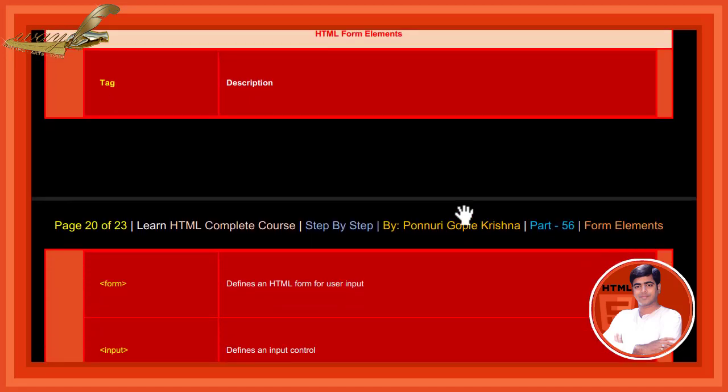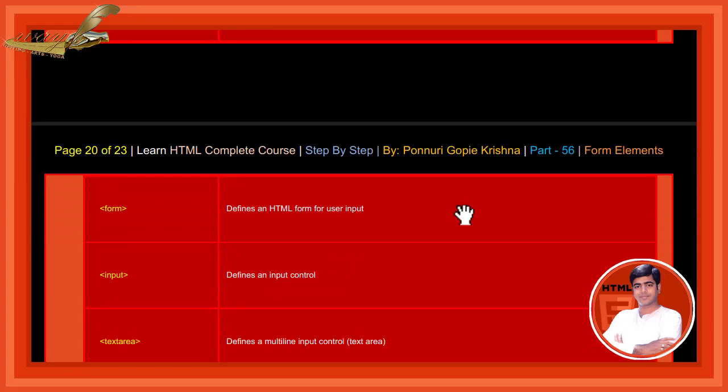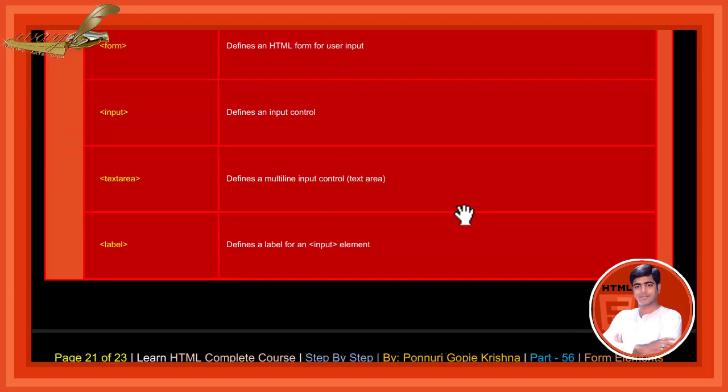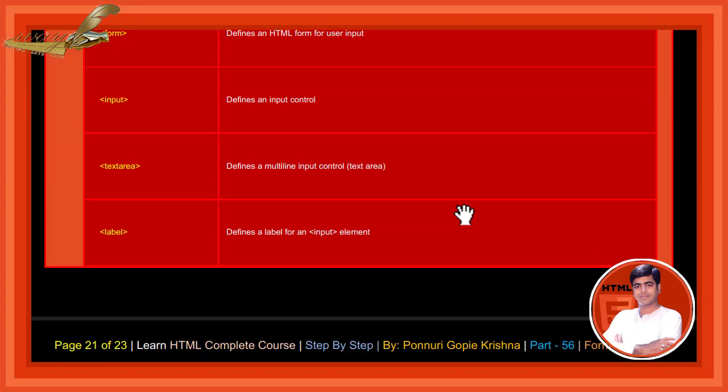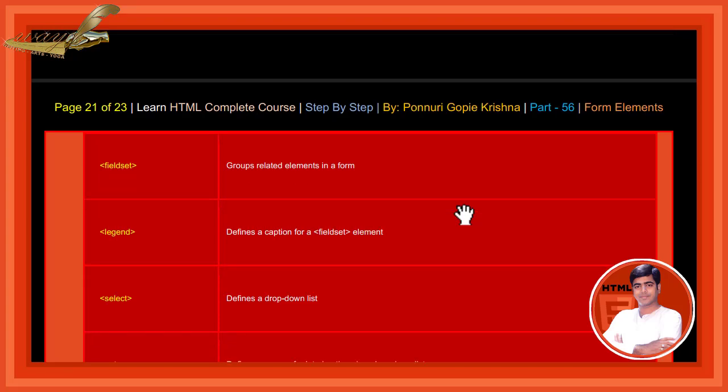HTML form elements, tag and description. Form defines an HTML form for user input. Input defines an input control. Textarea defines a multi-line input control. Label defines a label for an input element. Fieldset groups related elements in a form. Legend defines a caption for a fieldset element.